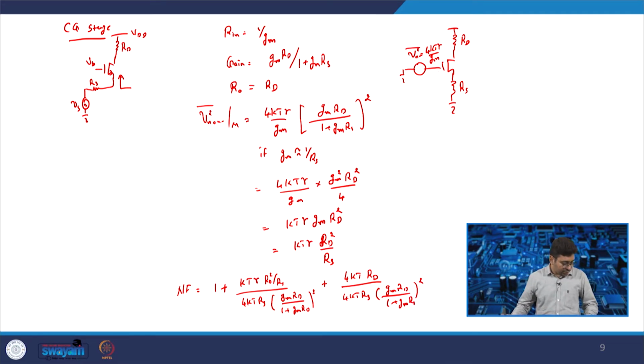So here we can cancel out if Gm is equal to 1 by Rs. So that term will be 2. So this 4 will be cancelled out.